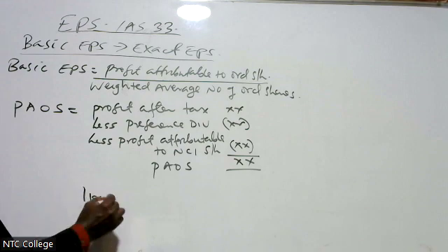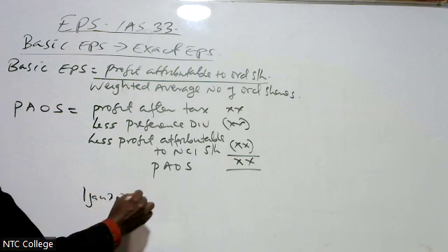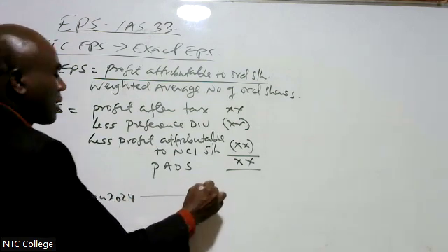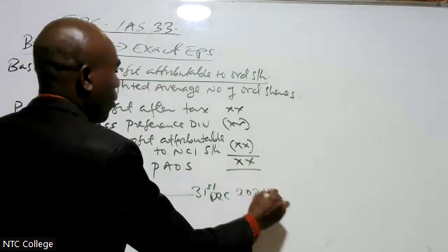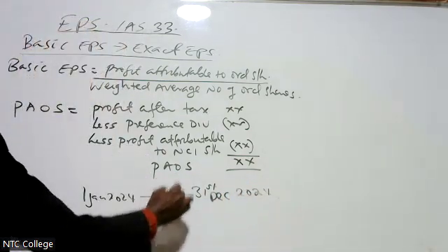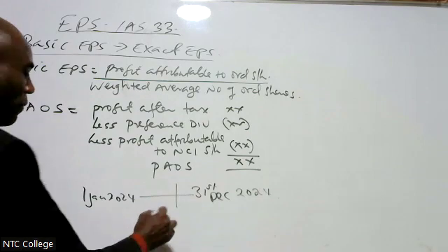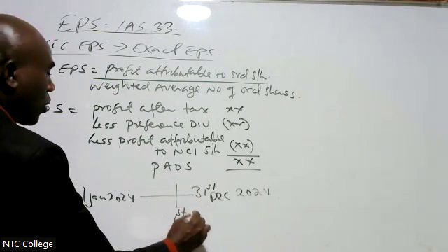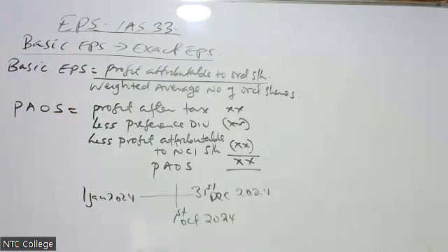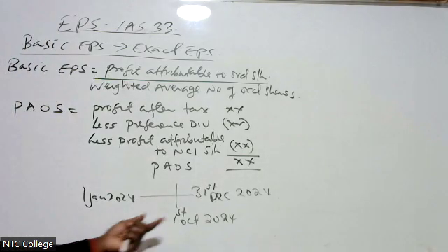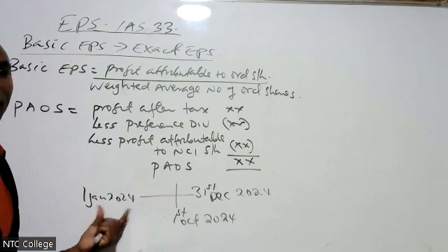For example, I start my year on 1st January 2024, and I end on 31st December 2024. Then you came in my company on 1st October 2024, but I started the year on 1st January.